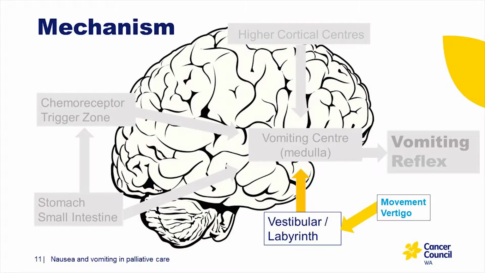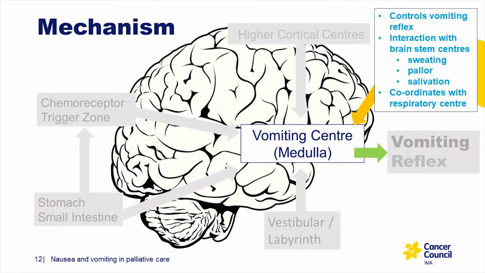That is mediated through your vestibular centre, but for people who have lost lots of weight, their vestibular system might not be in quite the same balance as it would have been previously, and so they can feel quite nauseated when they're being moved. And then your vomiting centre, and this controls your actual vomiting reflex process. There can be various interactions that happen before you vomit, so you get pale, sweaty, you get extra saliva, and these are all moderated through your vomiting centre.